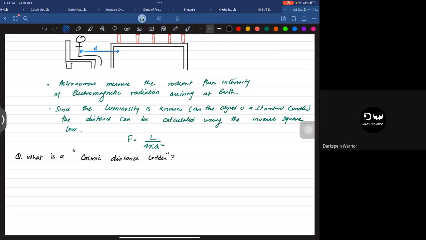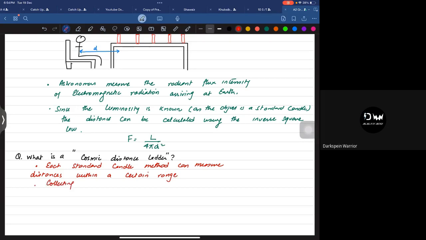You should remember that each standard candle method can measure distances within a certain range. Obviously, you have to see them.